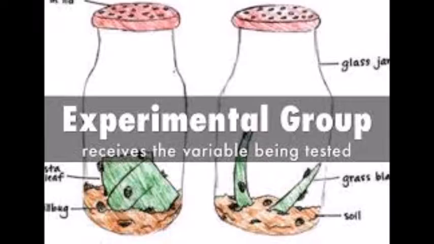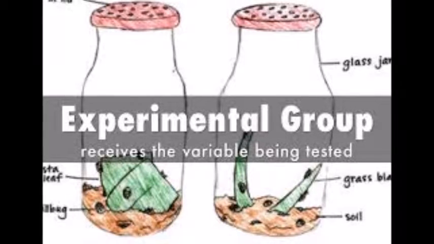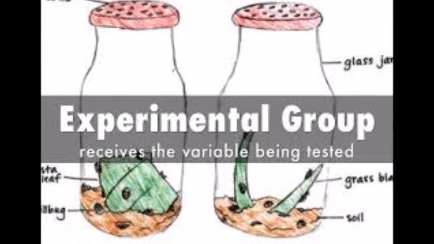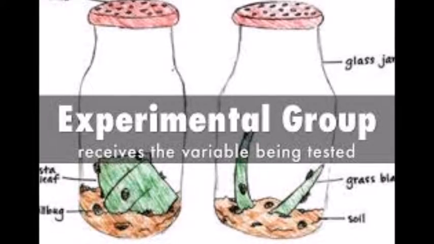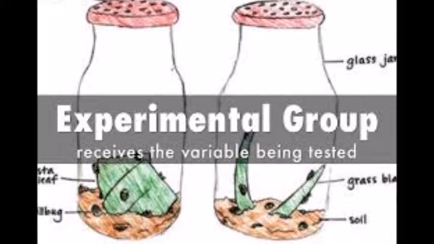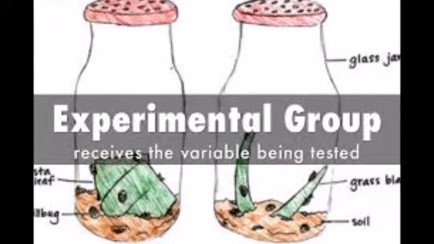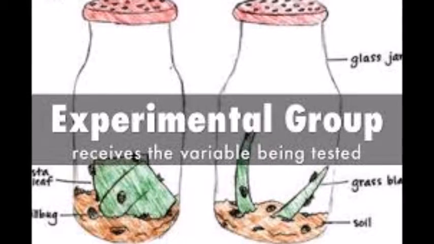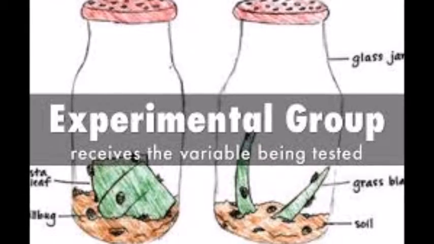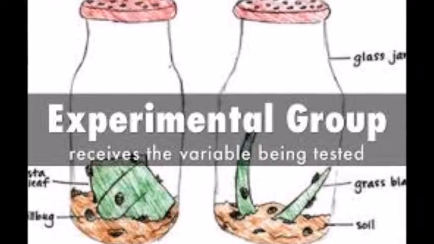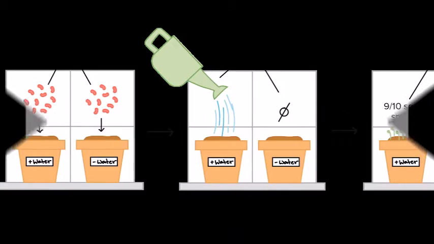And the control group is what gives name to the controlled experiment, because in a controlled experiment, all variables should be kept unchanged or controlled, and in the experimental group, many variables can be changed.